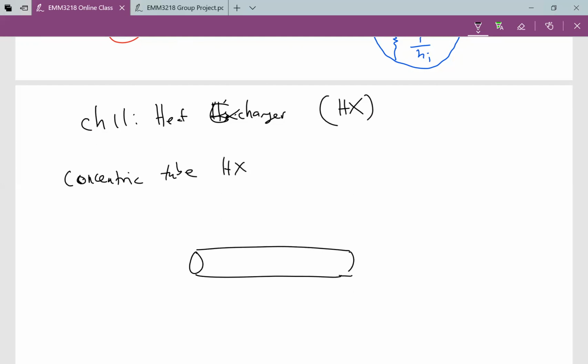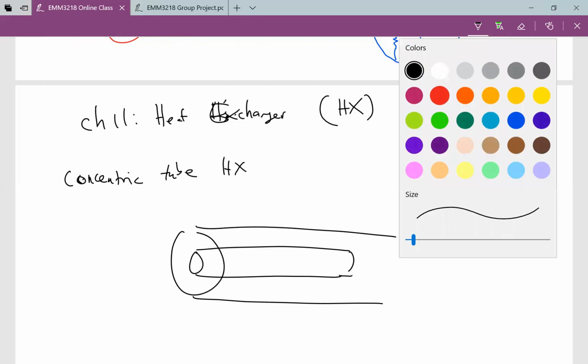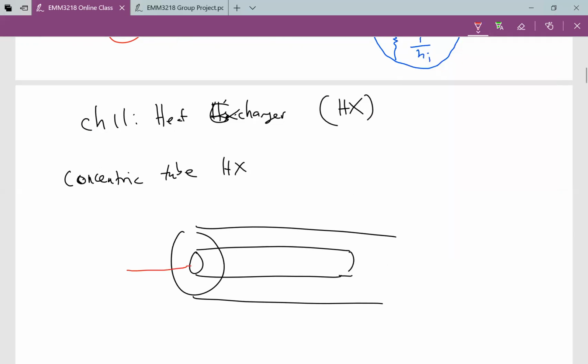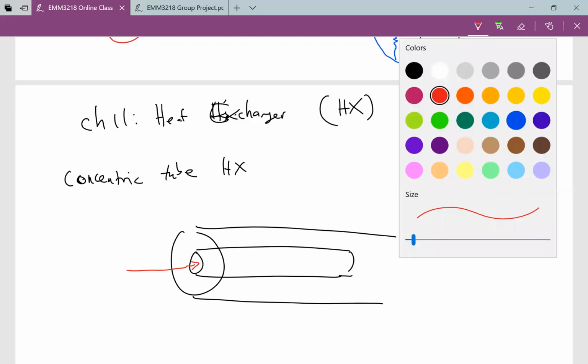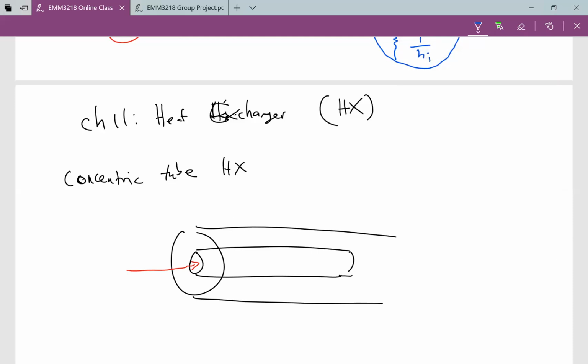Basically you have one tube in the middle, and then there's another tube enclosing that inner tube. So you have one fluid going in the inner tube, and another fluid, which could be hotter or colder, going in the other region. While they flow, they exchange heat, right?